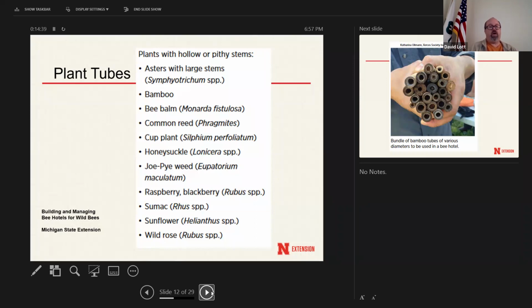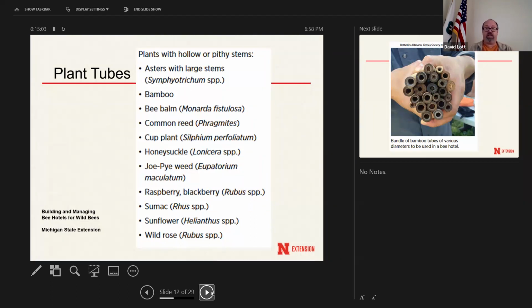So you'll see some asters with large stems. My gosh, that's a huge family. The aster family is also what we call the sunflower family. So you have lots of different choices there that grow here. Bee balm is Monarda. We do have quite a few people that raise Monarda. That's a native plant here.